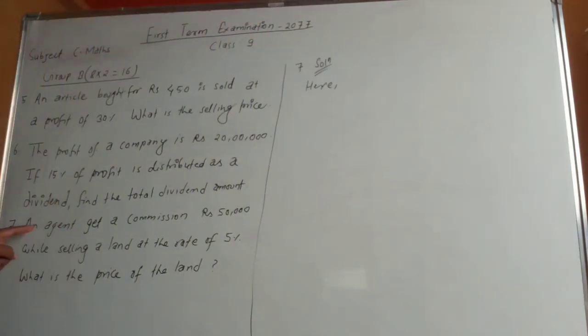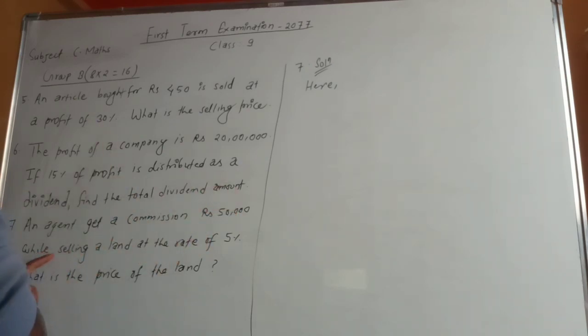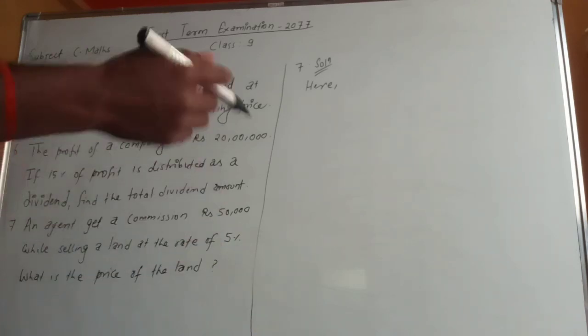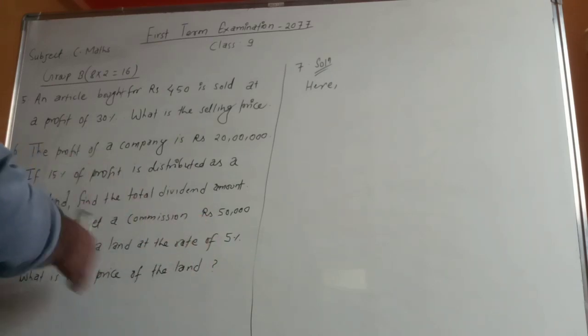Question number 7. An agent gets a commission of Rs 50,000 while selling a land at the rate of 5%. The commission amount is given and the rate of commission is given. We have to know that the rate of commission is always calculated on SP. In this question, SP is not given.